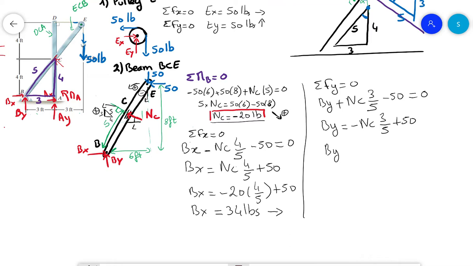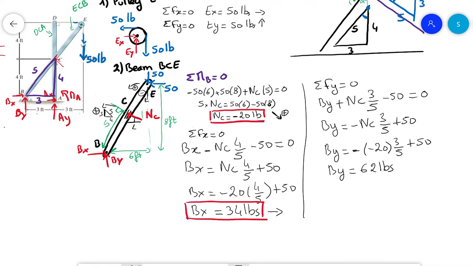So By is equal to minus, NC is minus 20, times 3 divided by 5 plus 50. So By is equal to plus 20 times 3 divided by 5, that is 12, plus 50. So it's 62 pounds. So we have Bx, we have our NC, and we have By. Okay, so that was the second free body diagram.